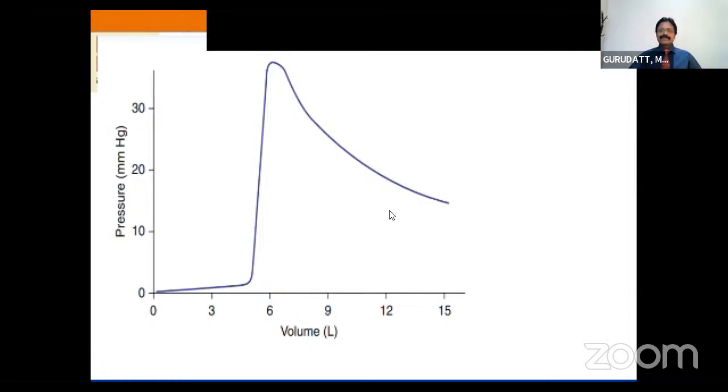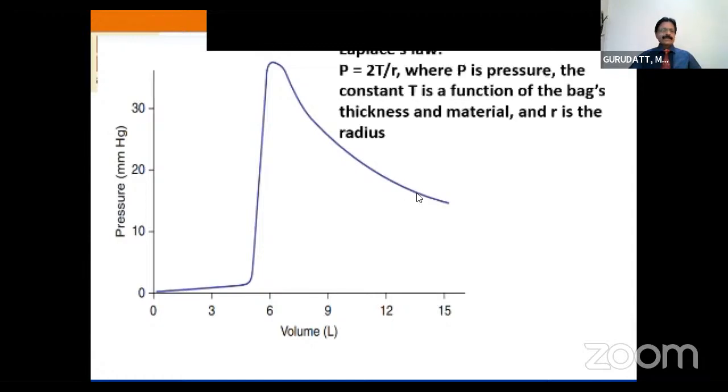This is based on the application of the Laplace law. We know that the Laplace law says that the pressure is directly proportional to twice the tension and inversely proportional to the radius. Here the tension is because of the thickness and the material used for the bag, and it is a constant. Since the tension is constant, as the radius inside the bag increases, the pressure automatically falls.